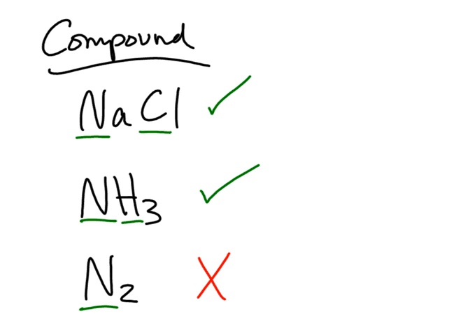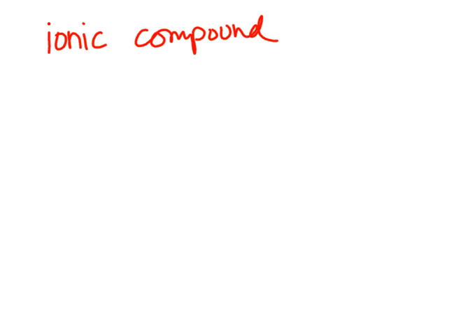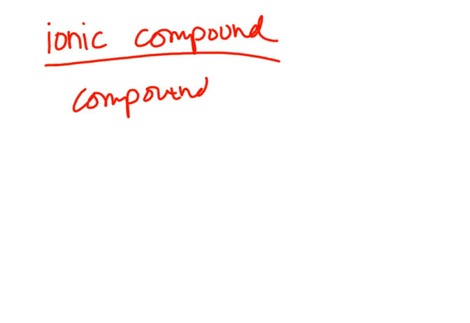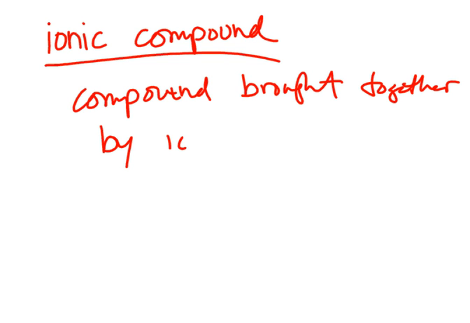So an ionic compound is a compound, meaning a substance made of more than one element, that is brought together by ionic bonds.